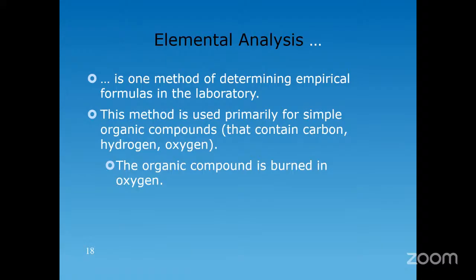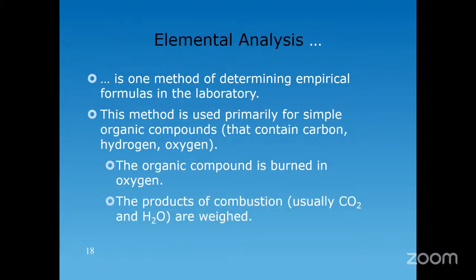So if you could find a method of trapping the carbon dioxide and trapping the water and determining their masses, then you can determine the mass of carbon present in the carbon dioxide and the mass of the hydrogen in the water, and those would be the same masses in the original compound, right? And then once you determine those masses, you can find out the mass of any additional element like oxygen, and then from there you can find the percent composition, all right?